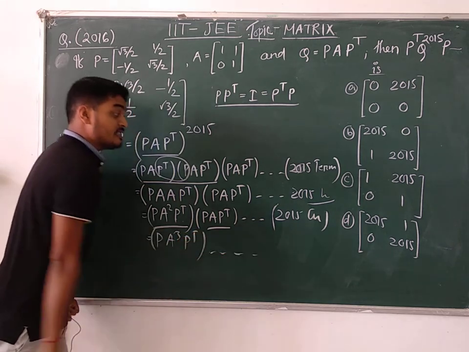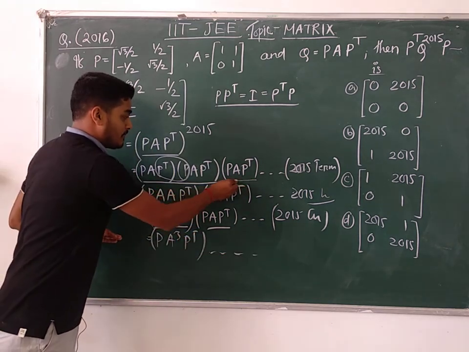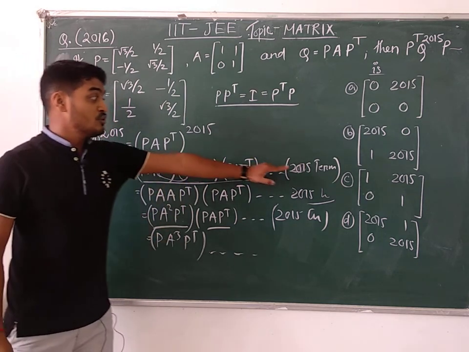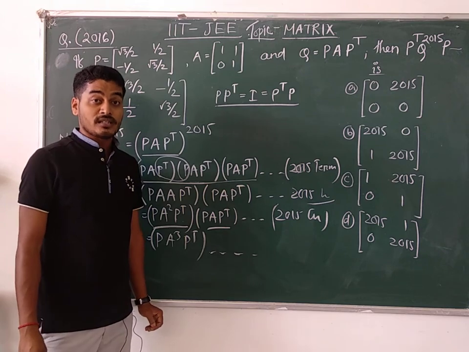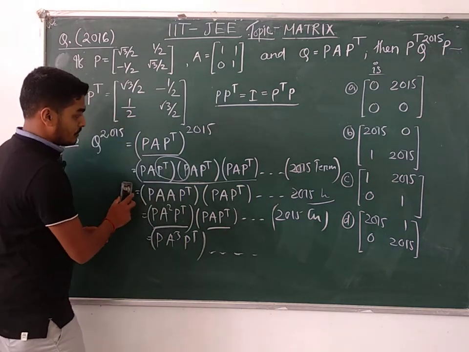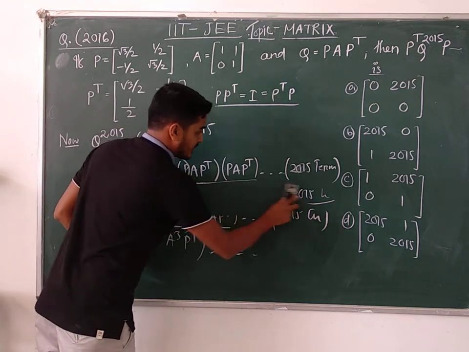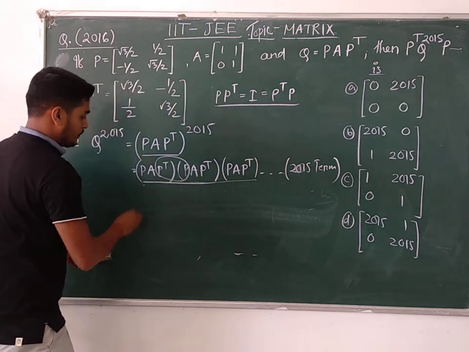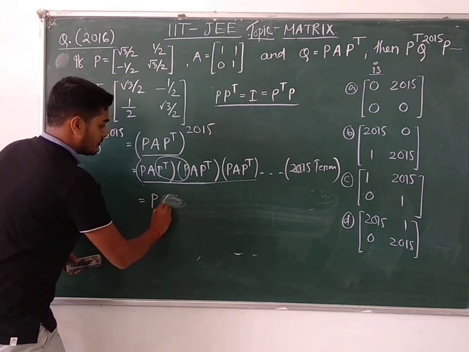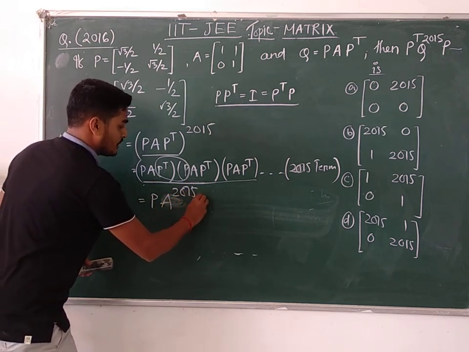In this way we can easily generalize. After multiplying three terms, we have got P A cube P transpose. How many times do you have to multiply? 2015 terms. Then obviously the answer will be P A to the power 2015 into P transpose.